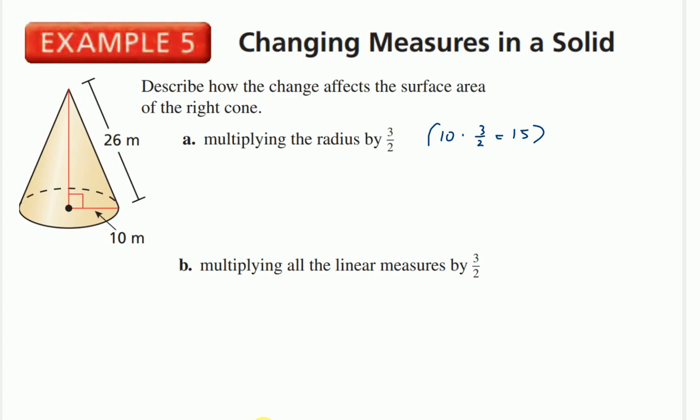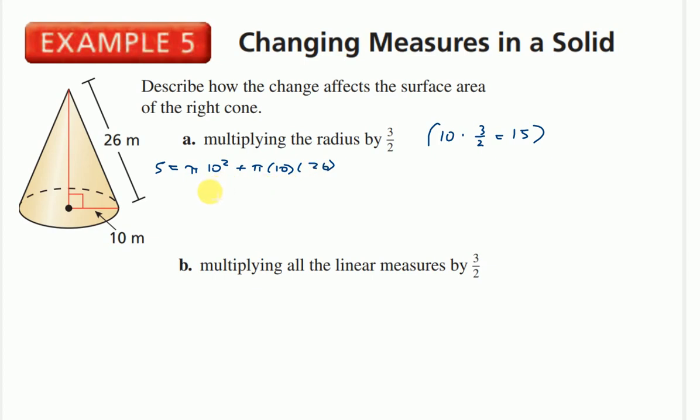All right, if we want to change the measures of a solid by a factor, here they're saying multiply the radius by this factor. So if I want to multiply the radius, I do 10 times 3 over 2, and that's 15. So I want to compare these. The original surface area was pi times 10 squared plus pi times 10 times 26.